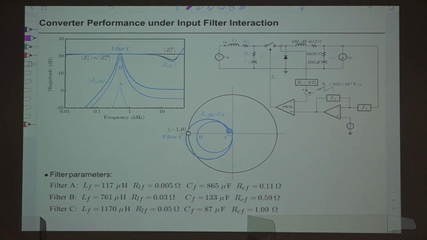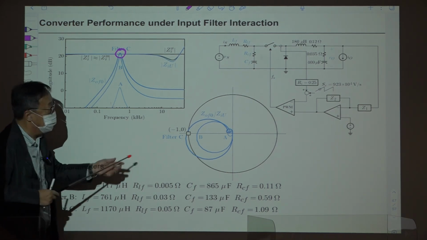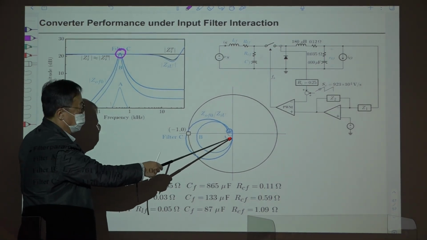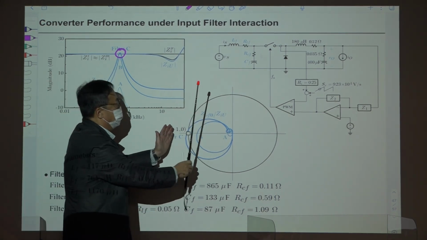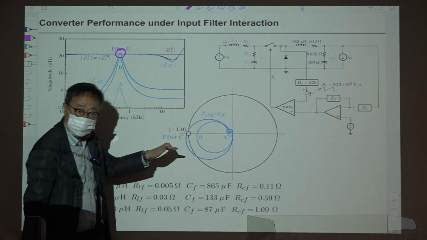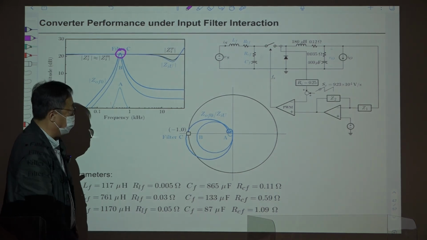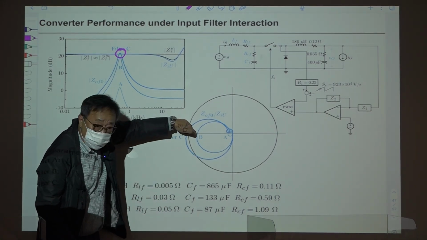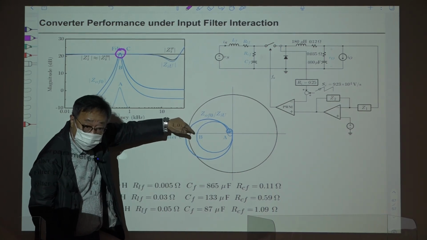Okay, so we have three cases, and the polar plot of the minor loop gain, impedance ratio for these three different cases is shown here. So this is case A. Okay, very small circulation. So it is far from this critical point. So the converter is very stable. For the second case, still stable, but they are very close. But the margin of stability will be small.